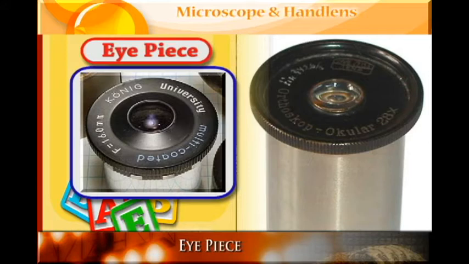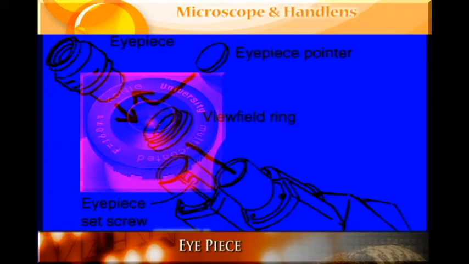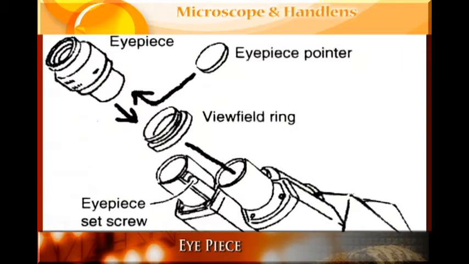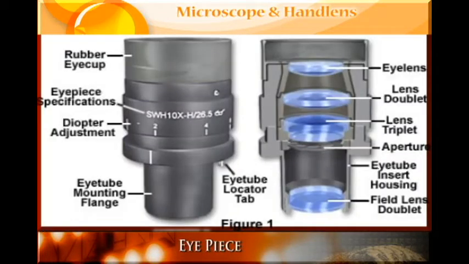The eyepiece is where the magnification of the specimen takes place, and it is the position where the eye is placed to observe the specimen. So you put your eye at the eyepiece, and then you can observe the specimen. The eyepiece is also used as a magnifying glass to magnify the object, or to get a good image of the object.